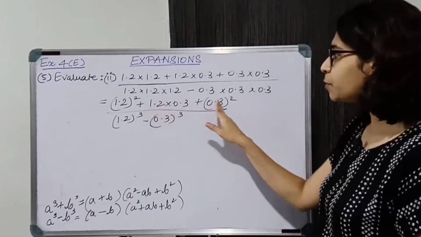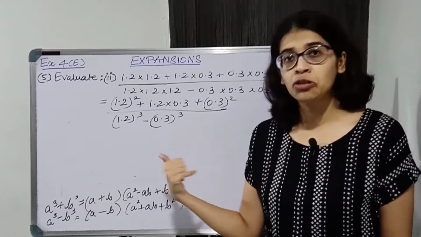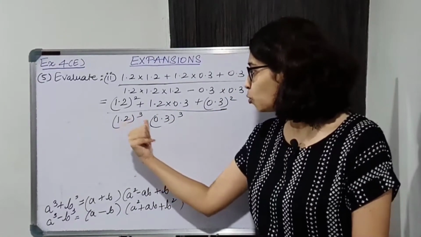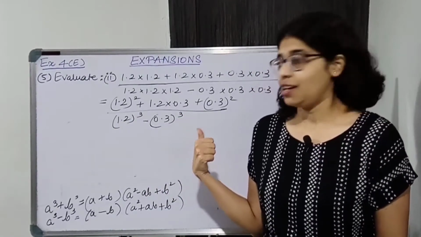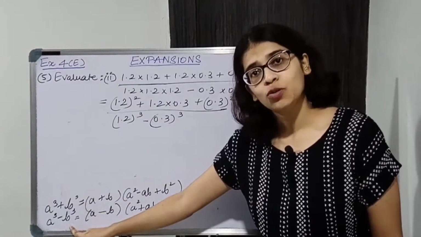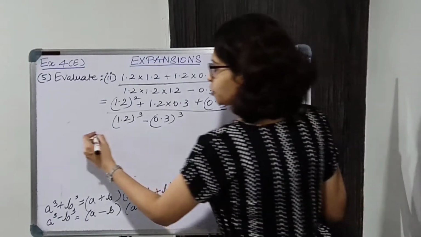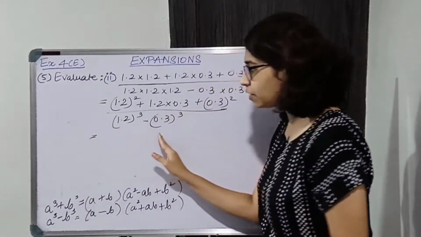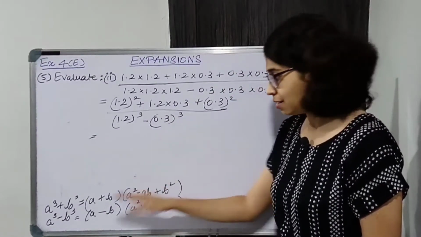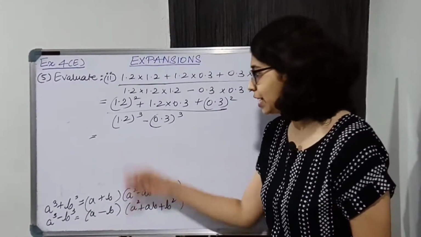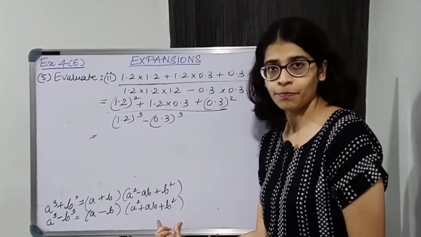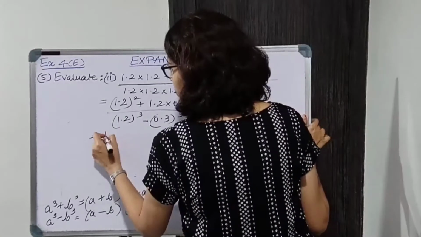Over here in the numerator you cannot use any identity, but in the denominator this is of the form a cube minus b cube. A cube minus b cube is a minus b into a square plus ab plus b square. So in the denominator we will write this in this form. Okay, so keep the numerator as it is.